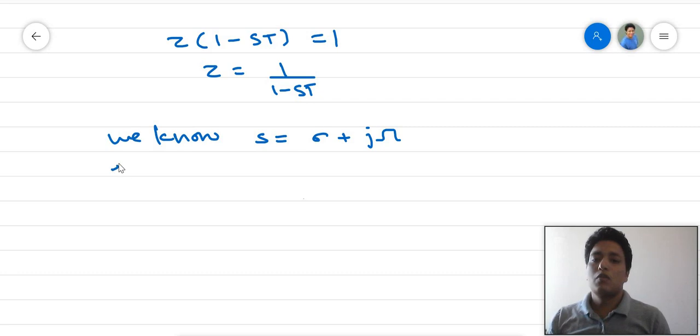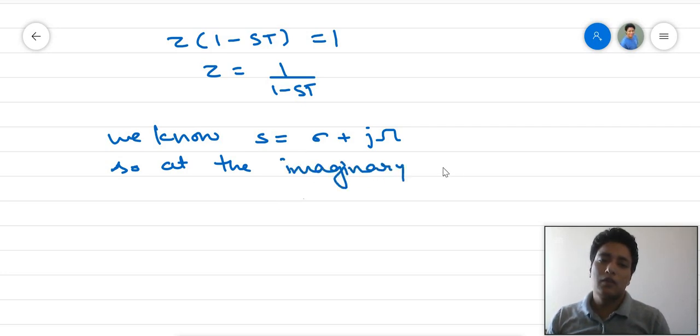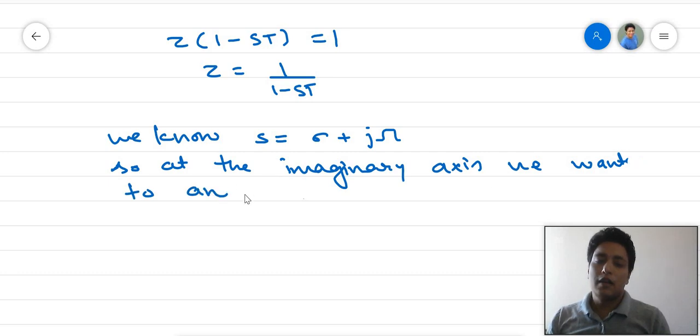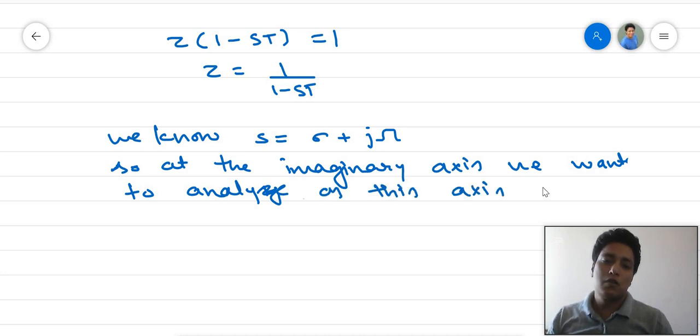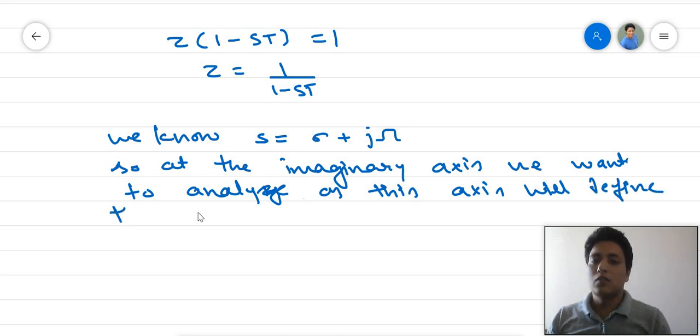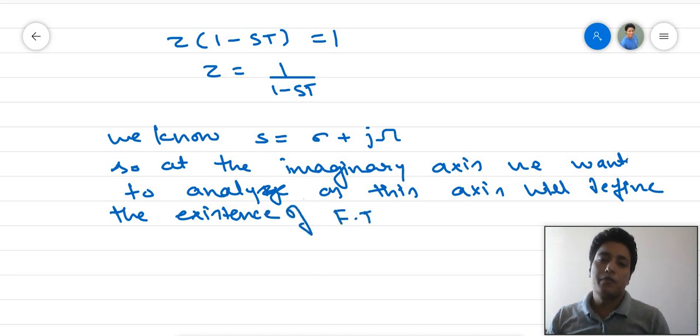So at the imaginary axis, we want to analyze, as this axis will define the existence of a Fourier transform.